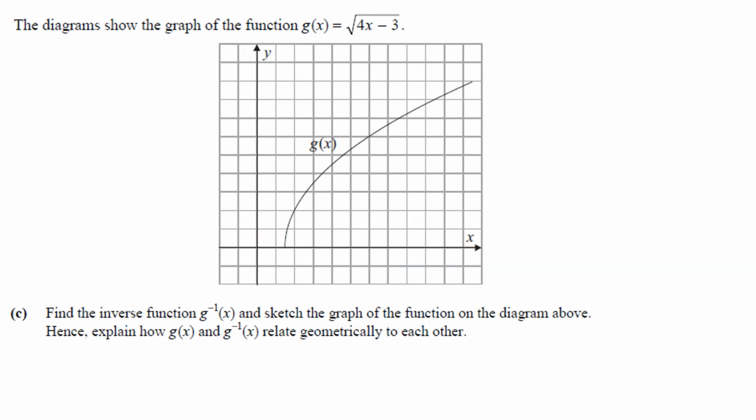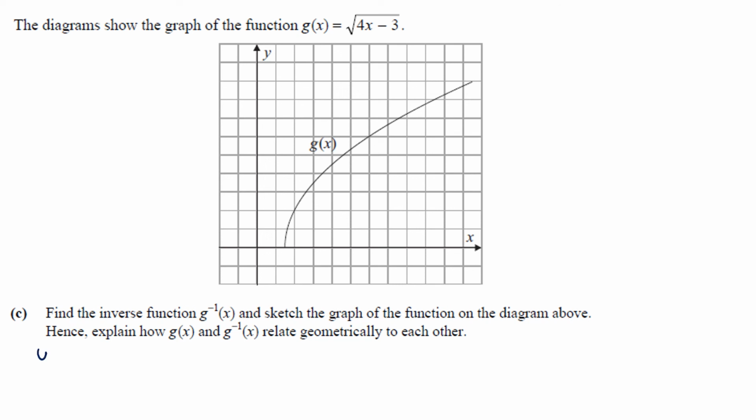The last part of this question then asks us to find the inverse function g inverse of x, sketch the graph of the function in the diagram below, and hence explain how g of x and g inverse of x relate geometrically to each other. So let's find the inverse function first.